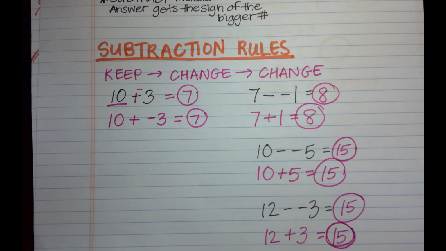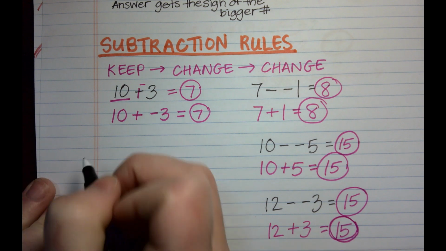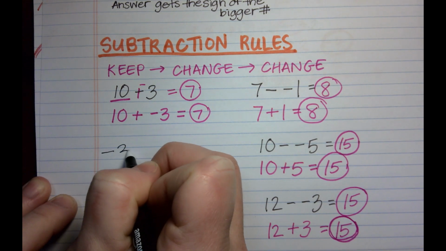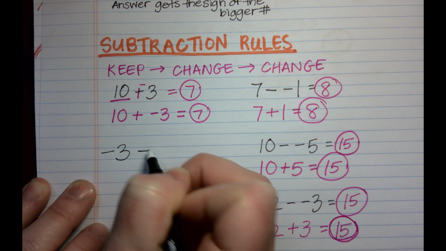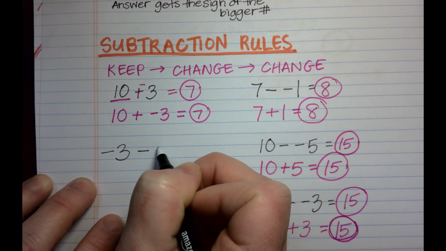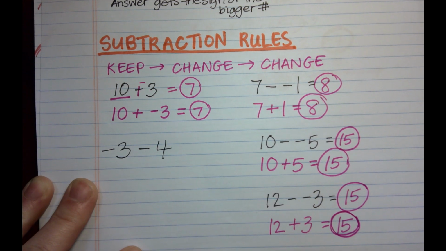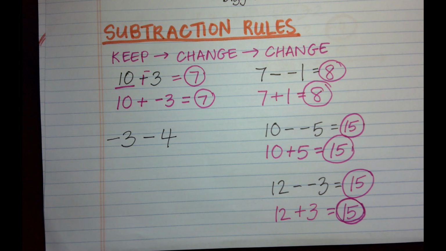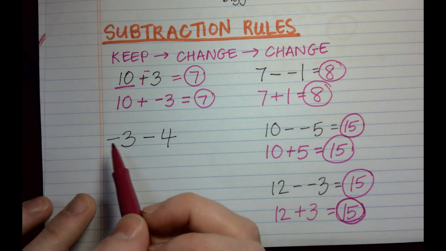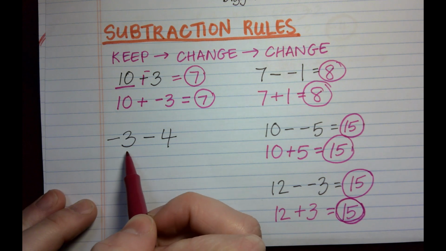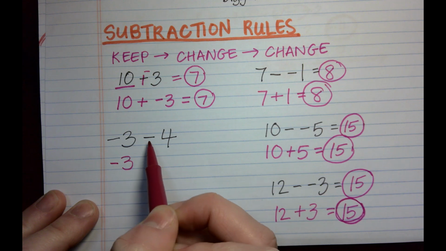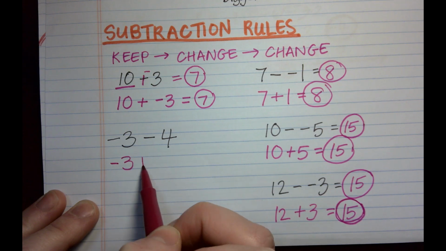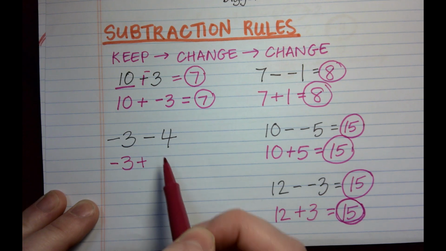What if I have, let's see, negative 3 minus 4. With keep, change, what's going to happen? You keep the negative 3. Good. Change the minus to a plus. And make that negative 4. Good.